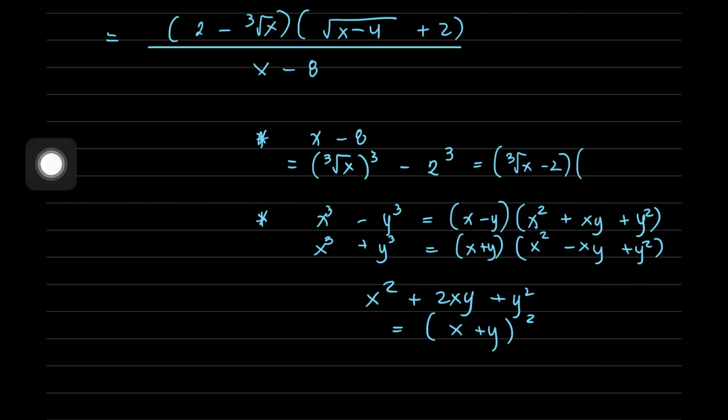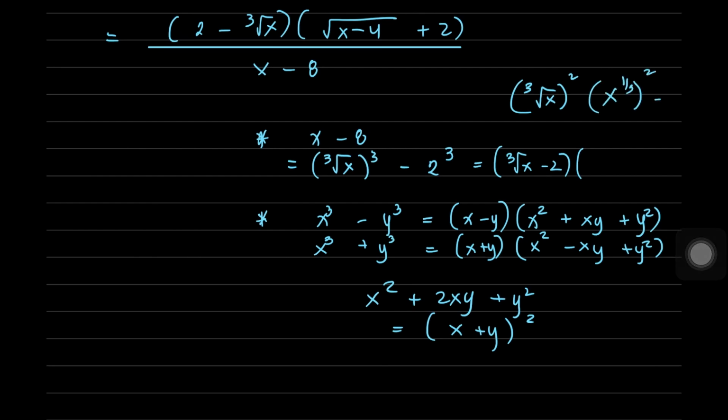So x squared here, our x here is cube root of x, and our y here is 2. So x squared here is now equal to cube root of x quantity raised to 2, so that is x raised to 1/3 quantity raised to 2, so that's equal to x raised to 2 over 3. Let me just write it as a fractional exponent.